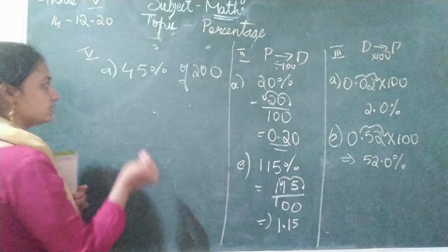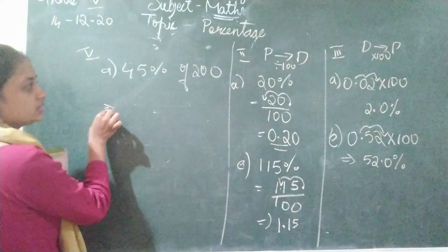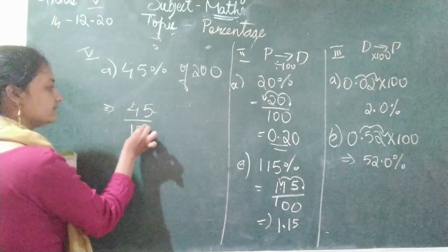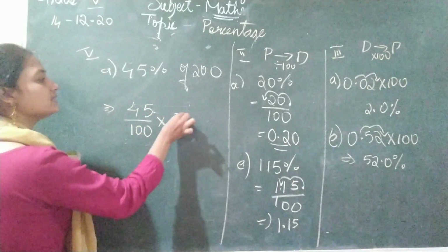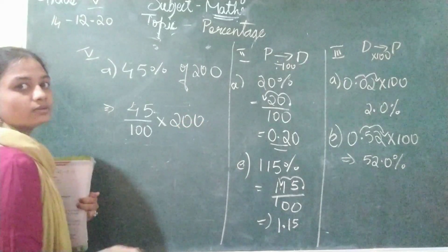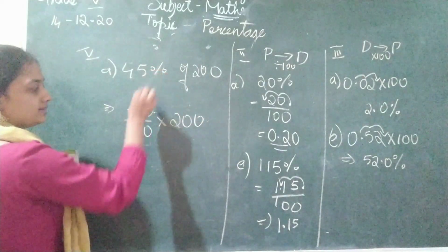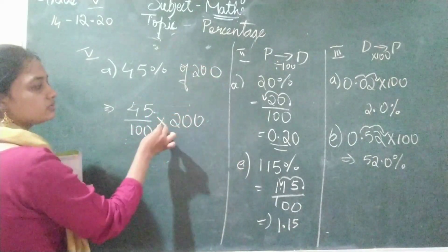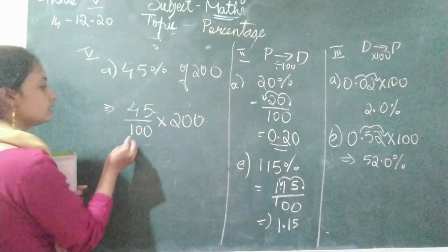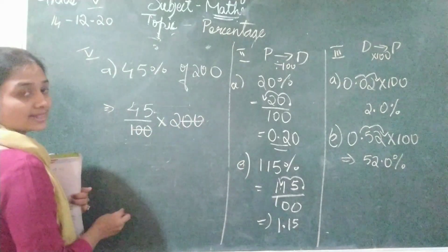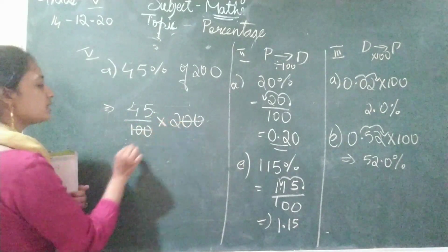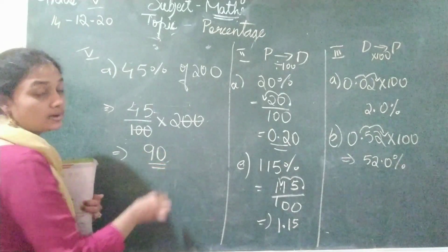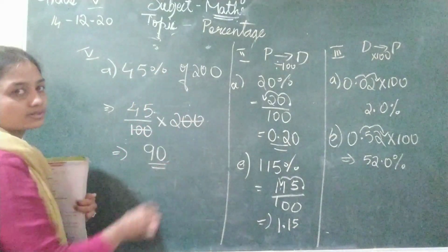For this, I should simply divide 45 by 100 and multiply this with 200. Remember, percentage is divided by 100. Whatever 'of' you have, you should multiply with that. So 2 zeros get cancelled. 45 twos are 90. So this is the number, the number from a percentage.